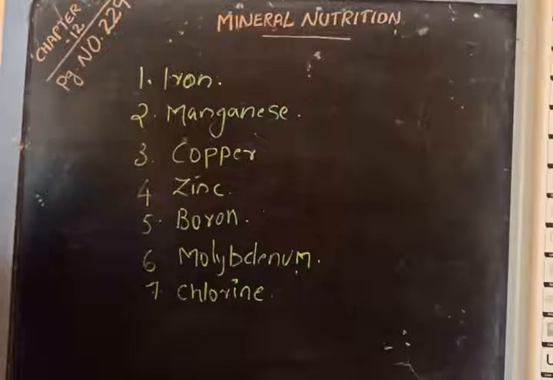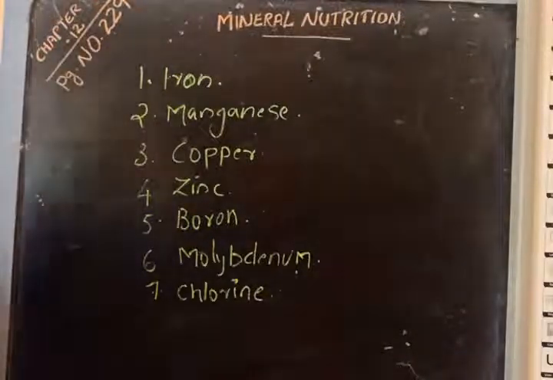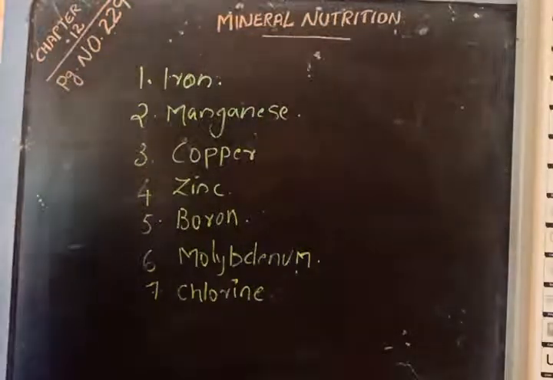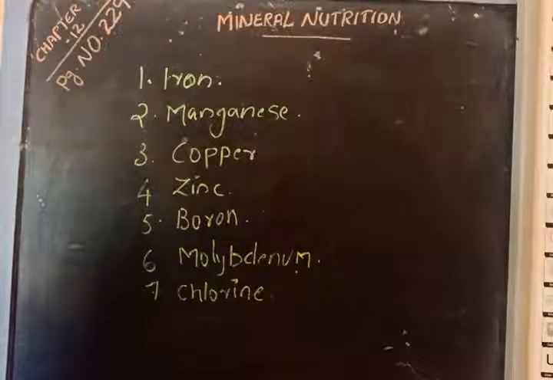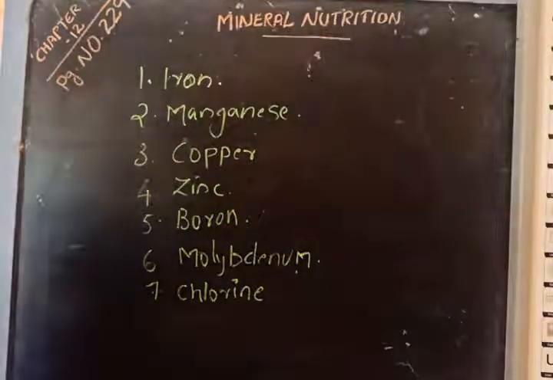In that box, they compare all the macro as well as micronutrients together, showing the common deficiency symptoms and diseases and the minerals responsible for them. I request you students to please go through that table.